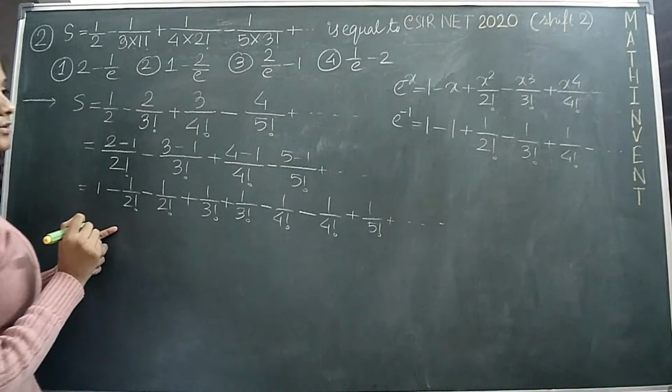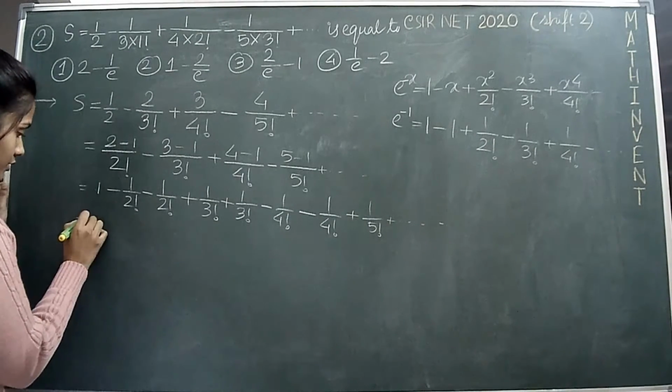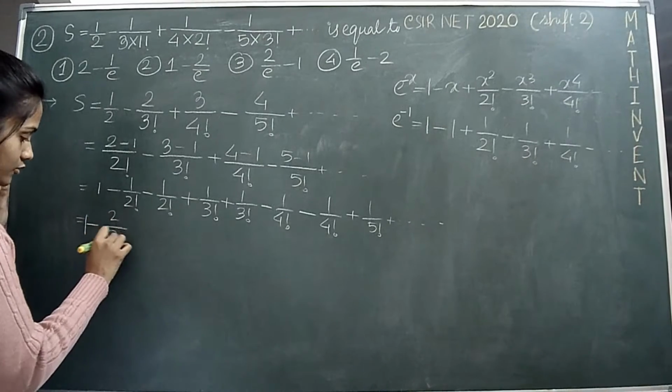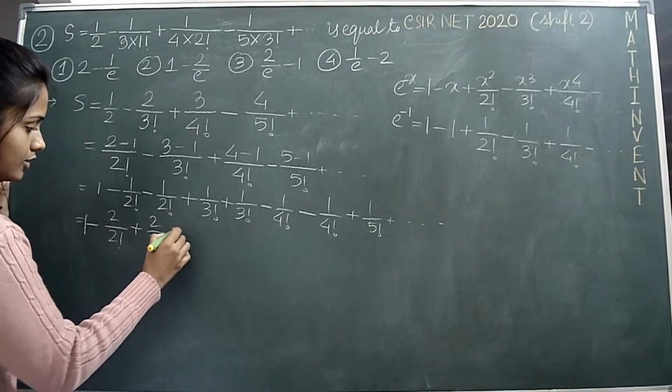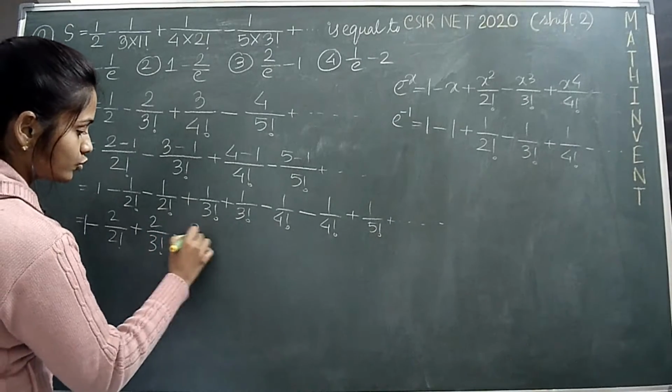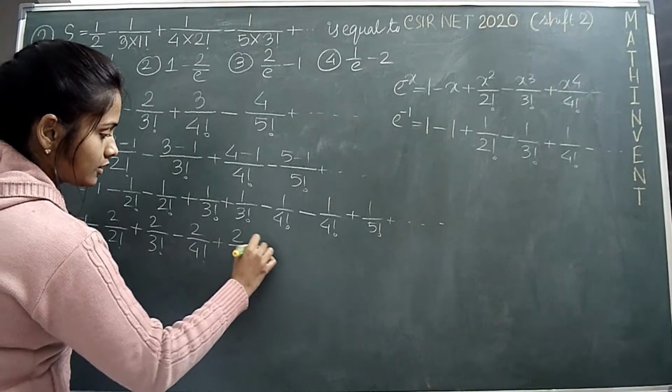So here if we take a minus 2 common out, here we have 2 by 2 factorial plus 2 by 3 factorial minus 2 by 4 factorial plus 2 by 5 factorial, and so on.